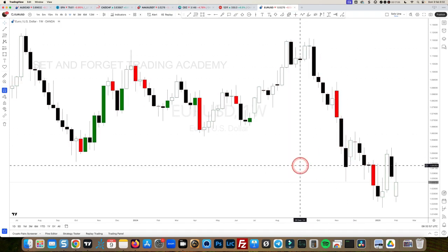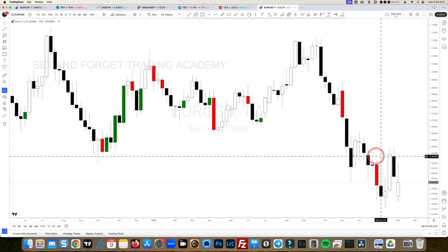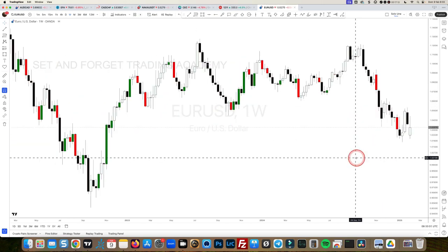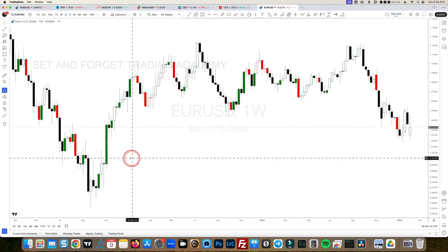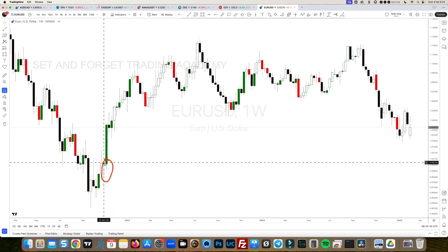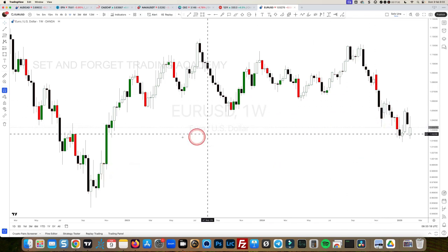So what happens here? We need to locate demand and supply levels. Many people ask me how far back in time do I need to go to locate imbalances? The lessons explain it. As far as you need to. But how is this demand level, whatever that is, going to play out after 3 years?